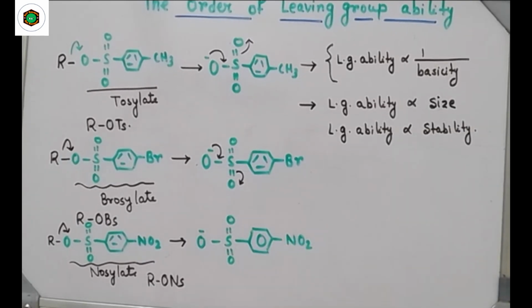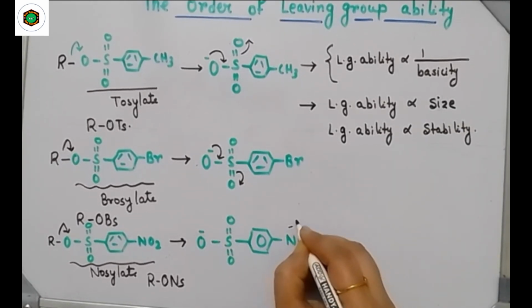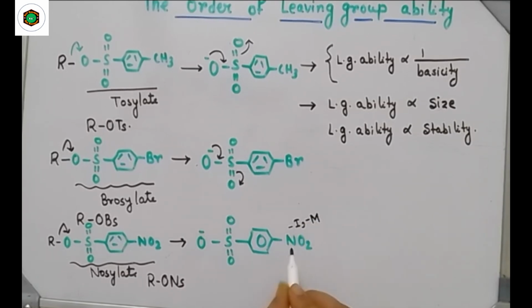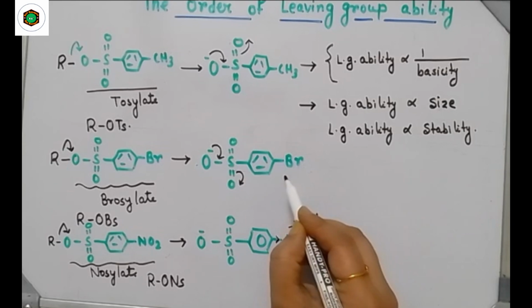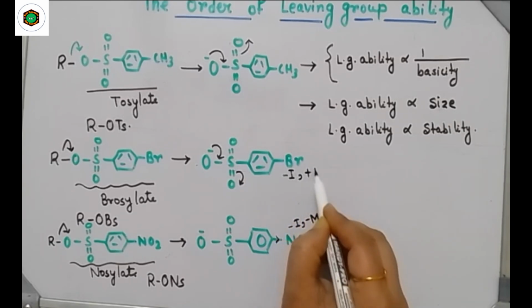And nitro is electron withdrawing. It has a minus I effect and a minus M effect. Due to these two electron withdrawing effects, electron density is dragged in this direction, and this sulfur becomes highly electron deficient. Therefore, it obstructs electron density from this oxygen, and the magnitude of negative charge density decreases here. Therefore, this system becomes very stable. But here Br has a minus I effect and a plus M effect.